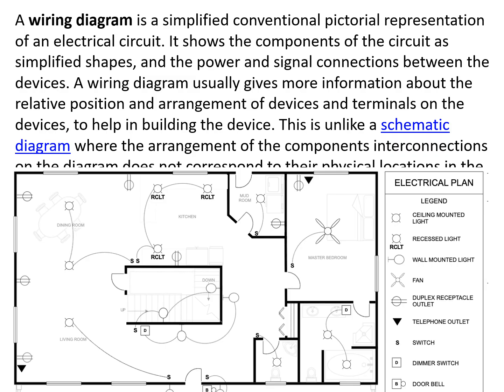Friends, a wiring diagram is a simplified conventional pictorial representation of an electrical circuit. It shows the components of the circuit as simplified shapes and the power and signal connections between the devices. A wiring diagram usually gives more information about the relative position and arrangement of devices and terminals on the devices, to help in building the device.